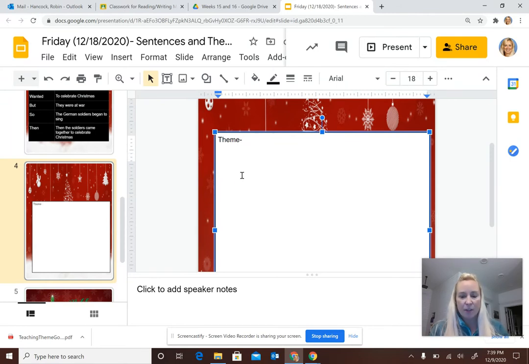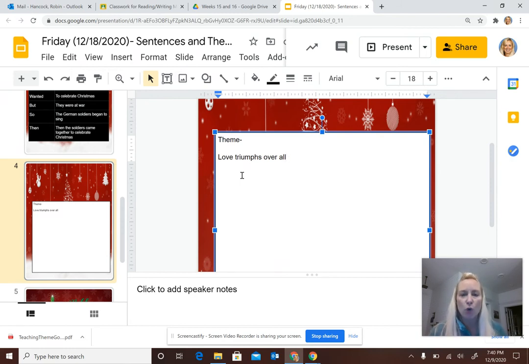I think a good theme for this story would be love triumphs over all. Now remember, themes are lessons that we could all apply to our lives. And there are lots of different ways that you could say this. Some people also shorten theme to even maybe one word like love or peace. But I'm going to go ahead and use the whole phrase.